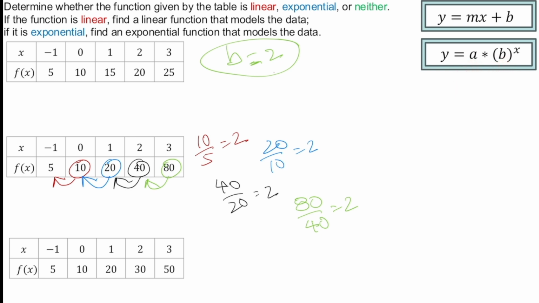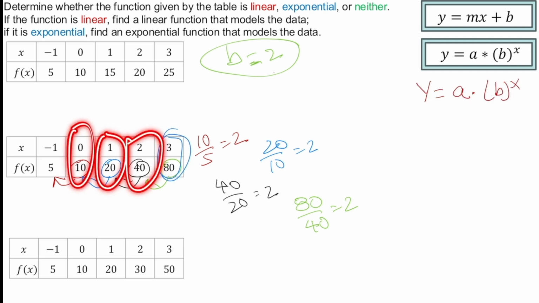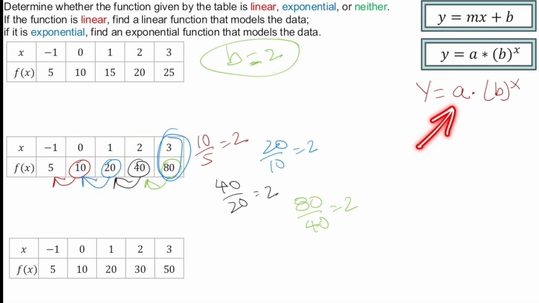The way we find out our a value is by writing my equation and replacing any of these points. We plug it into our equation. So let's replace the last one, 3, 80. Y is 80. A, I'm looking for it. B is the 2, which I just found. And the x is equal to 3. 80 equals a times 2 to the third power, which is 8.